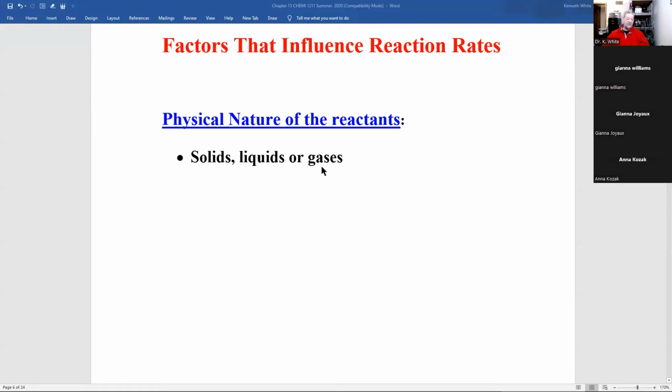And finally, gases, a lot of the gases, that's the quickest reacting. But you have mixtures of these, where you have gas in a liquid, or solid dissolved in a liquid. So what it is will affect how fast or slow a reaction goes, which we call the reaction rate.